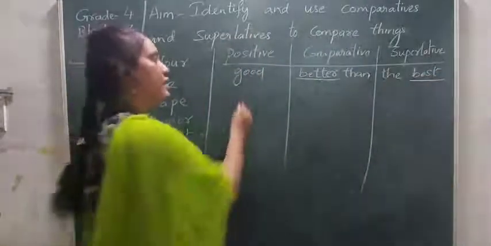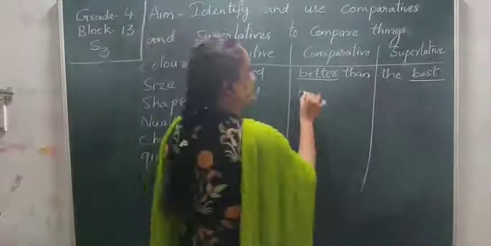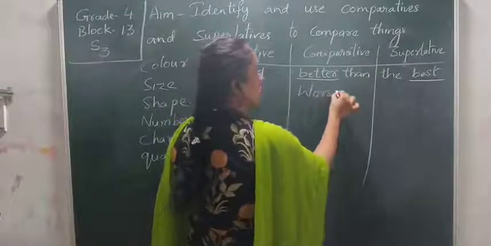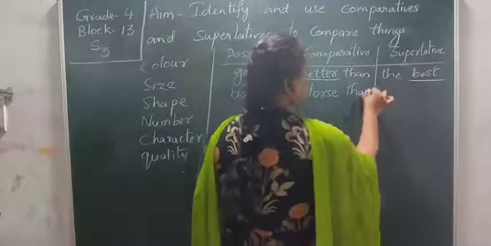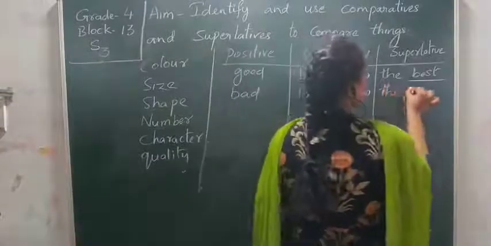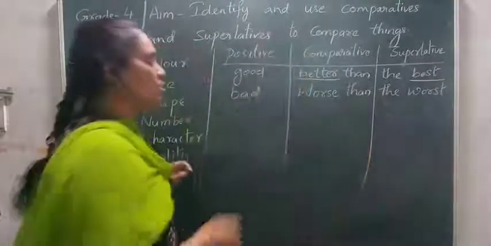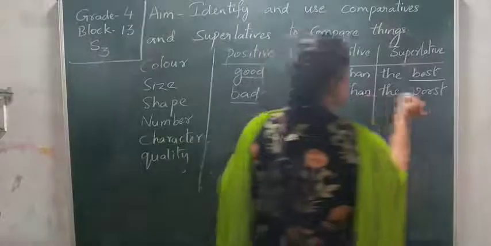So in the same way, we get bad. For bad we can't say badder, we say worse. Worse than. And the worst. So for good it is better, best. For bad it is worse and worst.